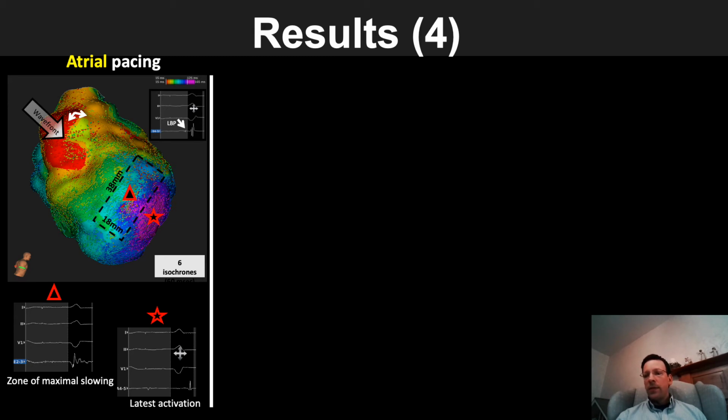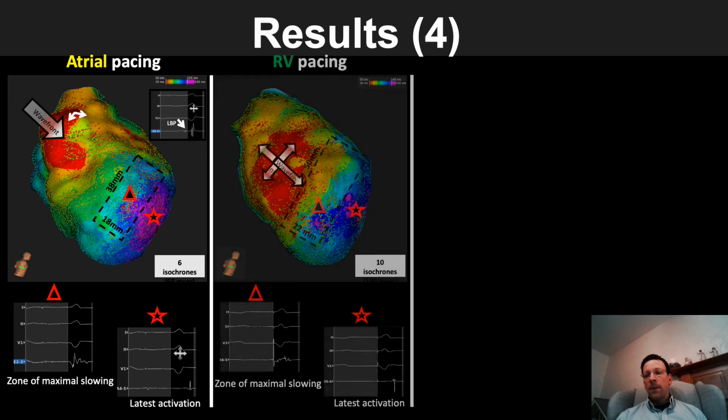Note that this region does not coincide with the site of latest activation, highlighted with a star. Also of note is the fact that the slow conducting areas often exhibited complex fractionated electrograms, as seen at the bottom of the figure.